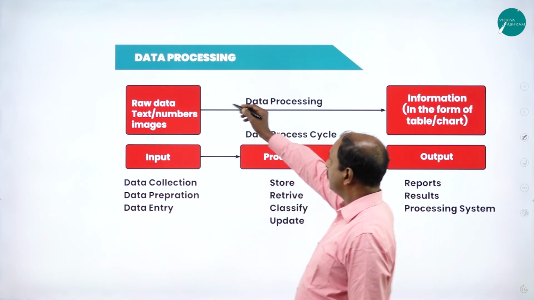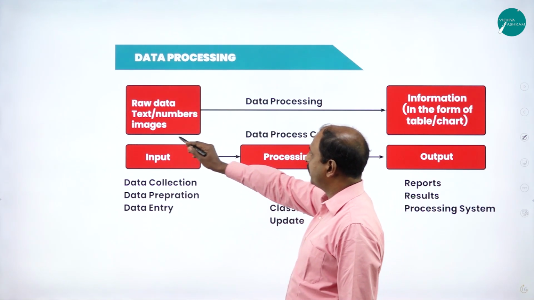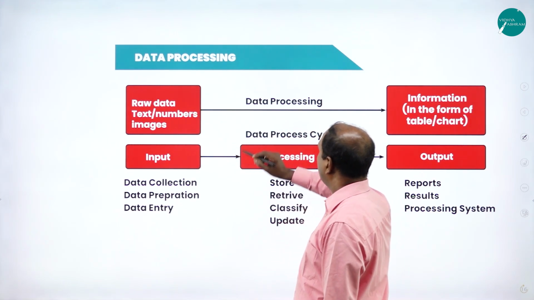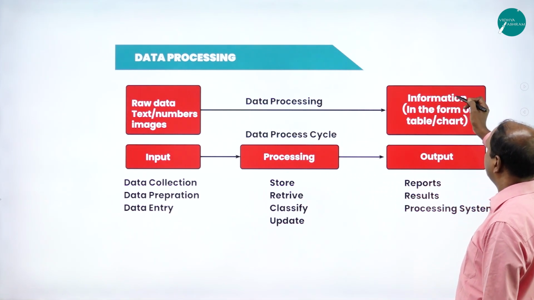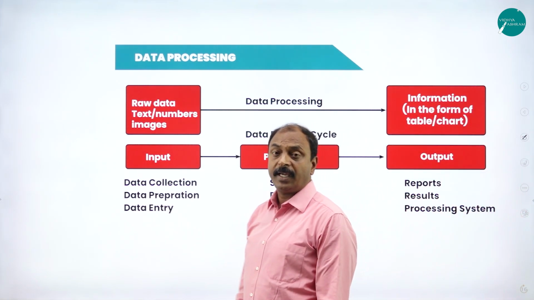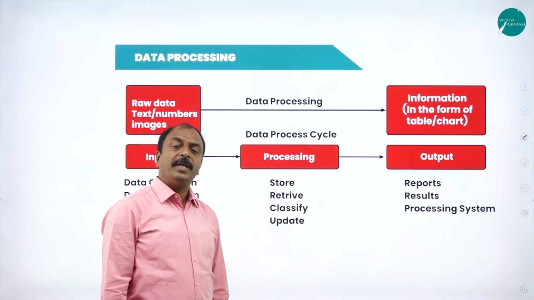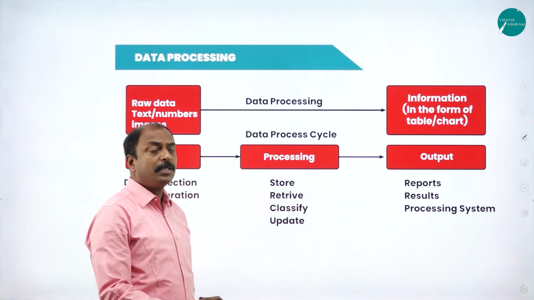One is data. Data is a raw fact, or it is called raw data, maybe in the form of text, numbers, or images, and it has to undergo processing. This is called data processing. We get the information or the result. So the result is called information. Again, I am telling you, please note that data and information are two different concepts, not the same.